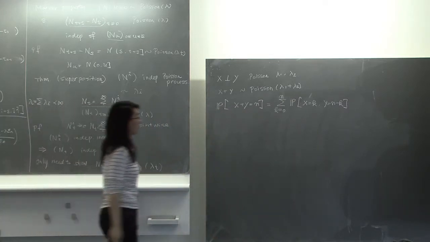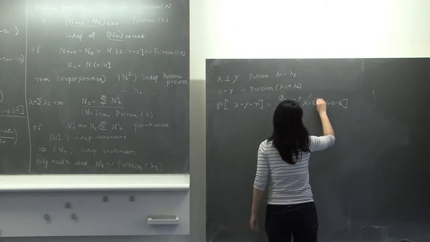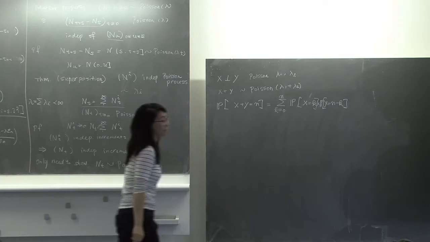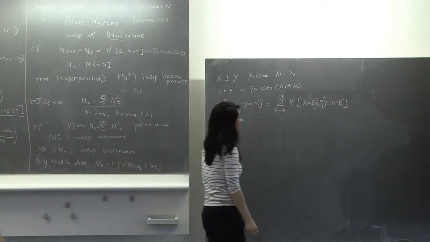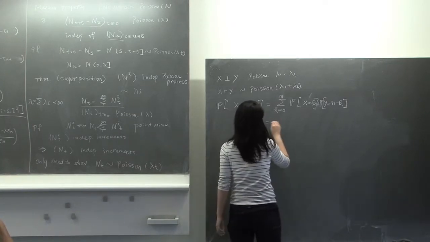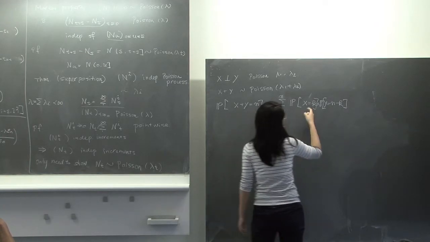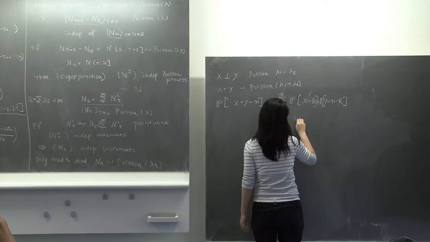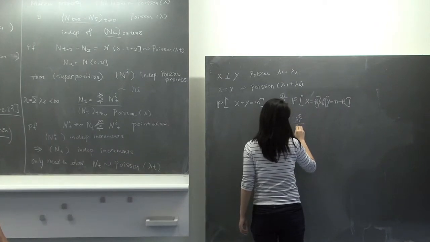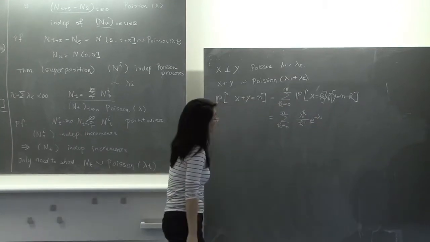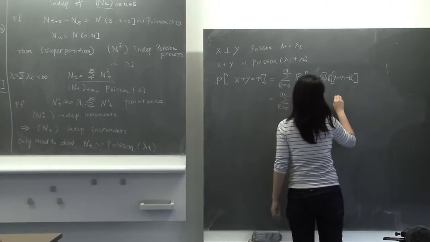Since x and y are independent, this probability equals the product of these two probabilities. Each of x and y is a Poisson random variable, so we know the probability for x and the probability for y.